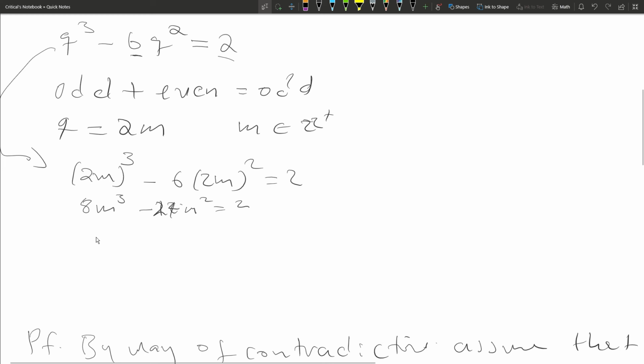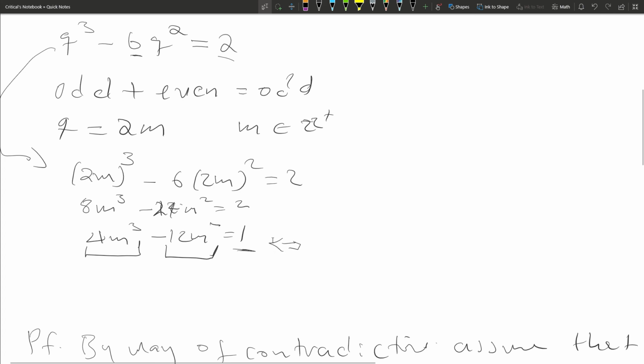If we divide by 2, we get 4m cubed minus 12m squared equals 1. But this is an even number, and this is also an even number. We are adding two even numbers and getting an odd number, and that can't be true. So this is our contradiction.